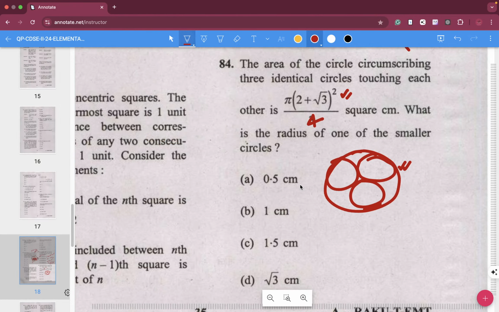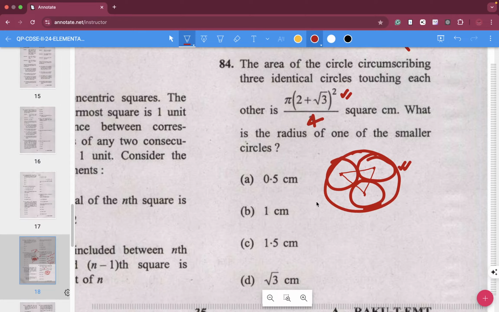So I'll just reduce the size of the nib over here. This looks something like this, folks. If you join the centers of each of these smaller circles, what we get is an equilateral triangle.